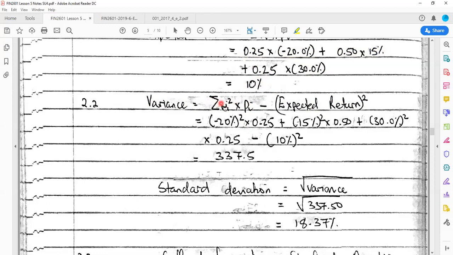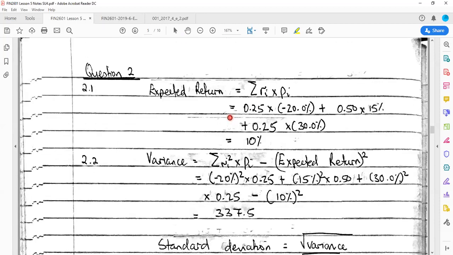So you take each return, square it, multiply with its probability, take the next return, square it, multiply with its probability, add them all up, and then you subtract your expected return in brackets squared, and that will give you the variance. The square root of that variance will give you the standard deviation.